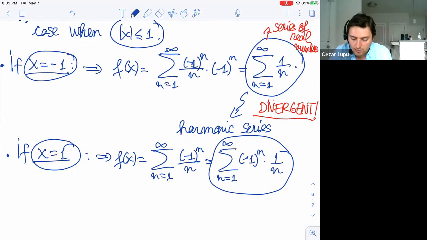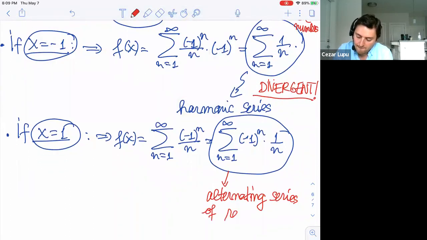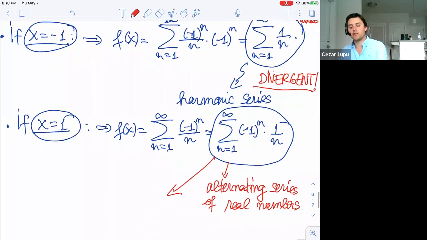Again, this is an alternating series of real numbers. And what did we say about the convergence? Was it convergent or divergent?